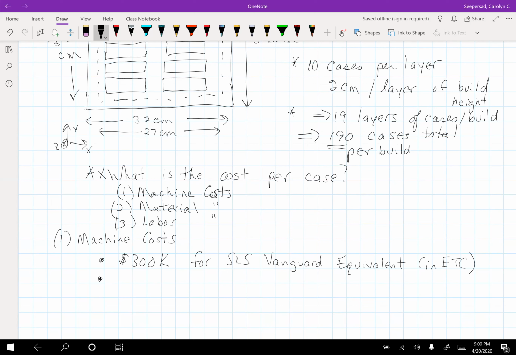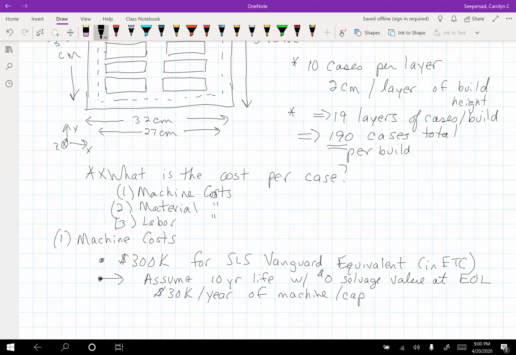So what are the machine costs then? If we assume a 10-year life, okay, with $0 salvage value at the end of life, then that means that our machine costs are about $30K per year. Machine capital costs.